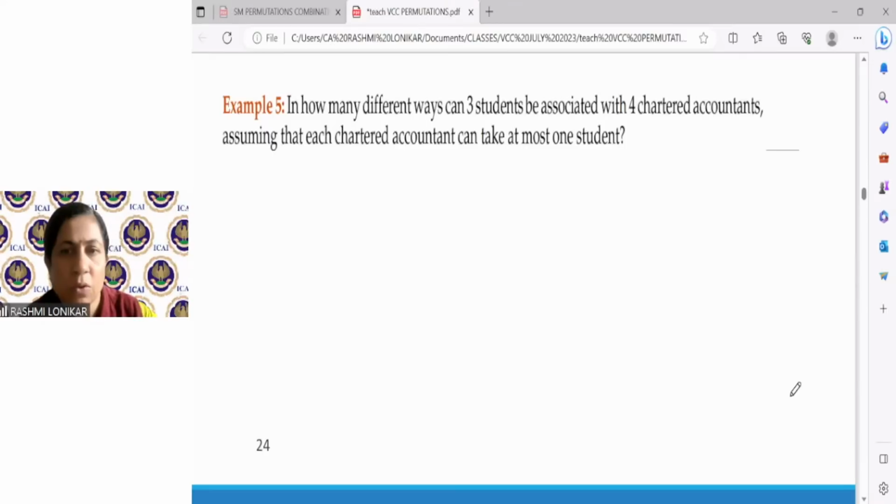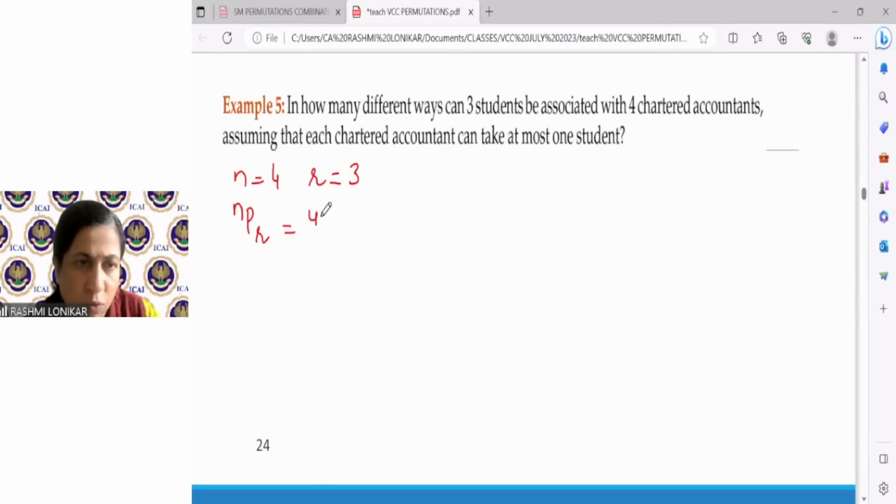So N is 4, R is 3, NPR is equal to 4P3, which is equal to 4 factorial upon 3 factorial. So this is equal to how much?